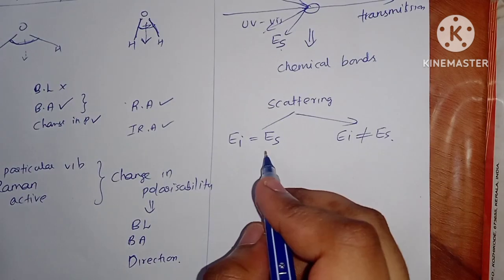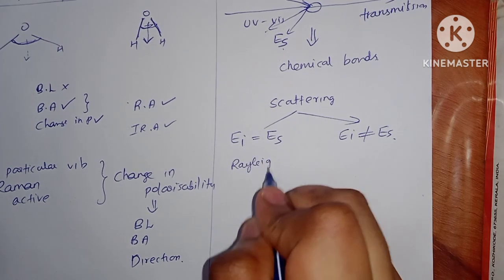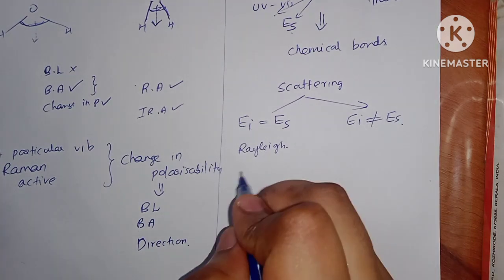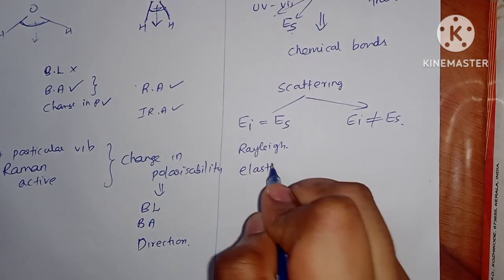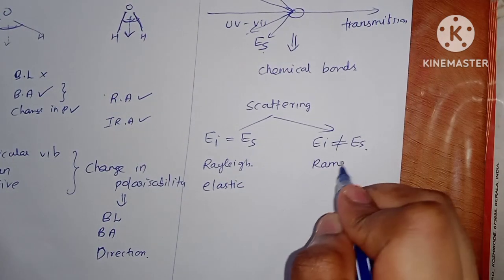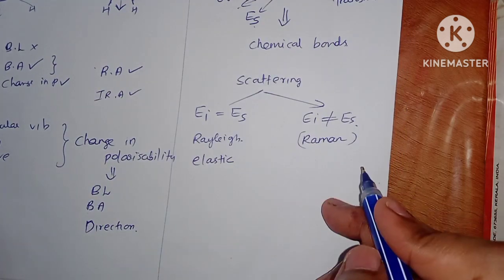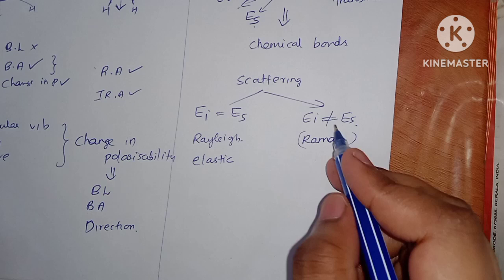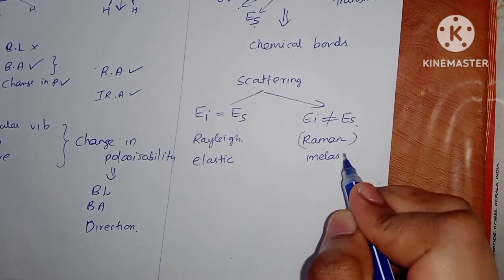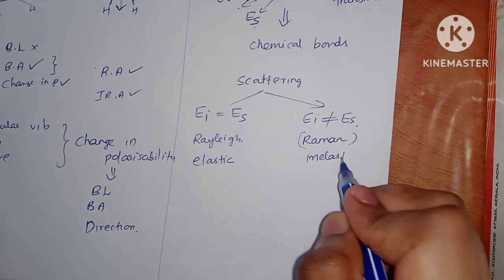The first type of scattering is known as Rayleigh scattering, or elastic scattering, and it causes Rayleigh lines in the spectrum. If it is not equal, it is known as Raman scattering, or inelastic scattering, which is useful in Raman spectroscopy to study the nature of bonds.